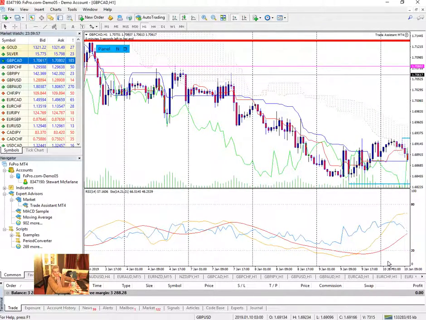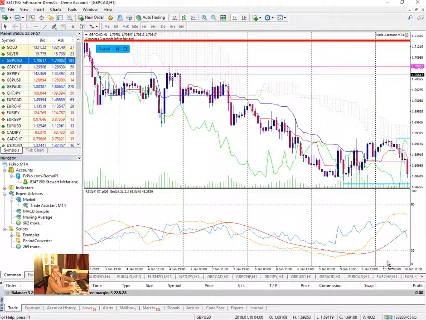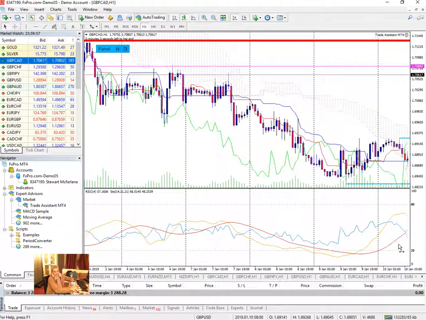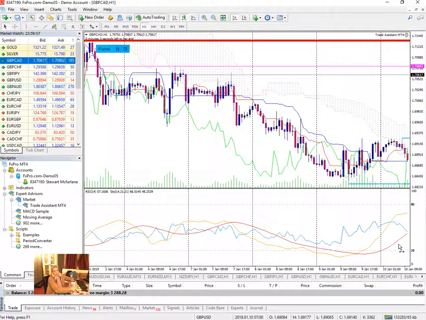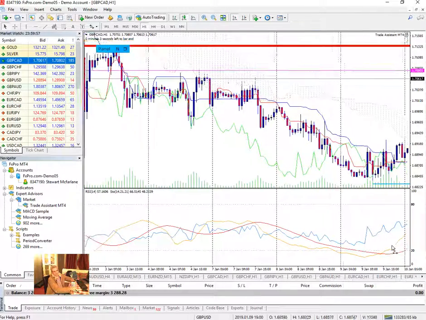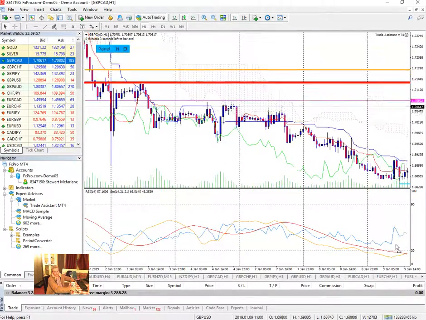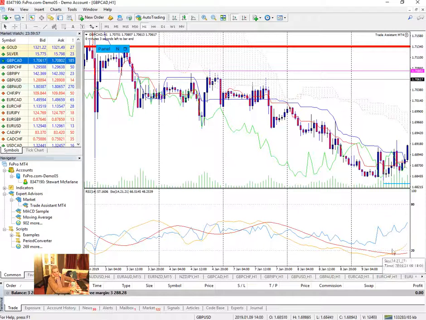Now, for some reason that is resisting. So the thing is, what we should be doing is in that scenario. Okay, let's take this back. So it's looking quite favourable there on the long.